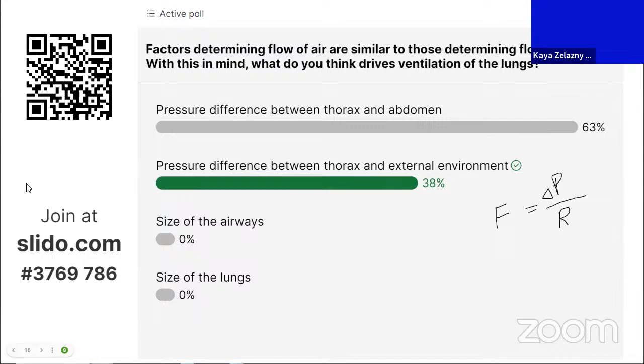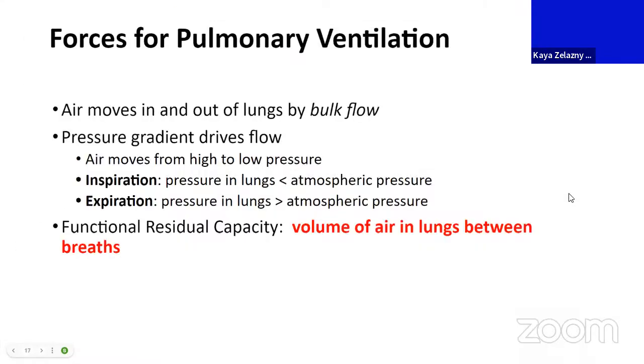So we're thinking about thorax versus the external environment. When we're talking about this air movement, we're talking about bulk flow, right? So just that F in that equation, we're thinking about the air moving in and out of the lungs for our ventilation, okay? So pressure gradient is driving that flow, right?